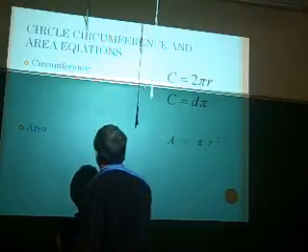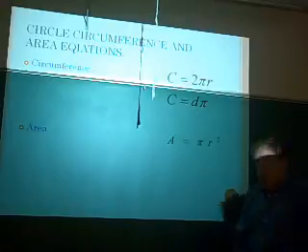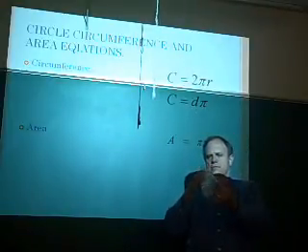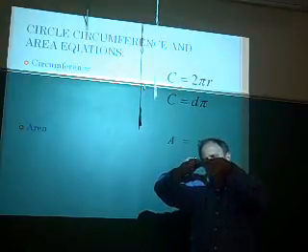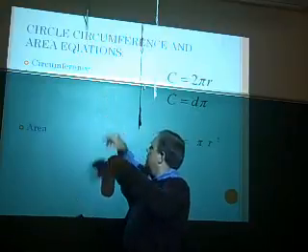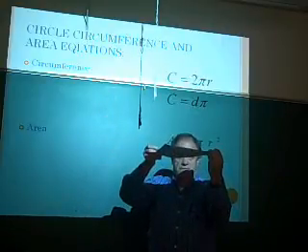Now, if we were to take that circle, similar to a piece of paper, here's our piece of paper, and this is in the shape of a circle. Now, if we took that circle and cut a piece of it and flattened it out, that would be our circumference.